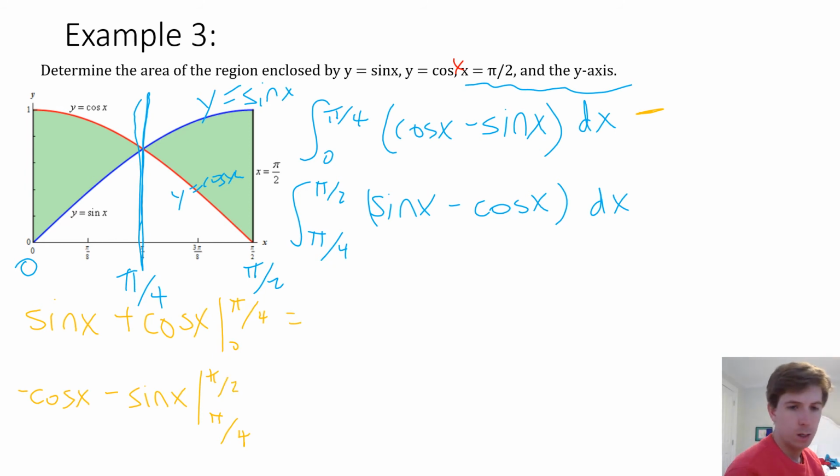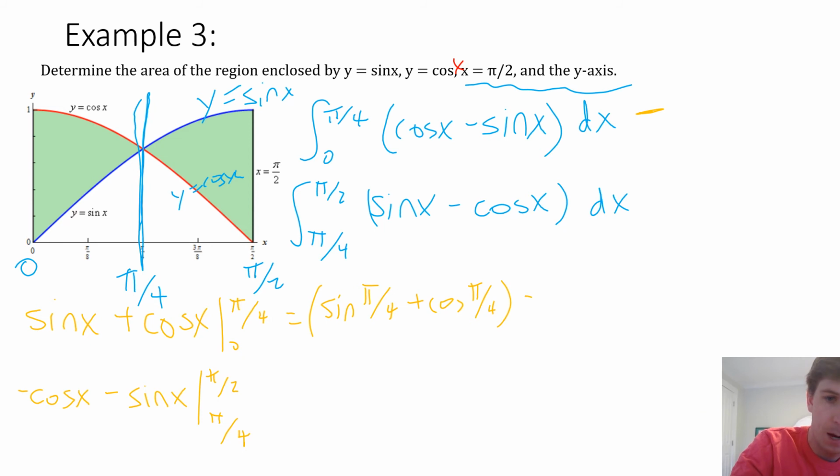Okay, so let's plug in here. Plugging in pi over 4, we'll have sine of pi over 4 plus cosine of pi over 4 minus sine of 0 plus cosine of 0.